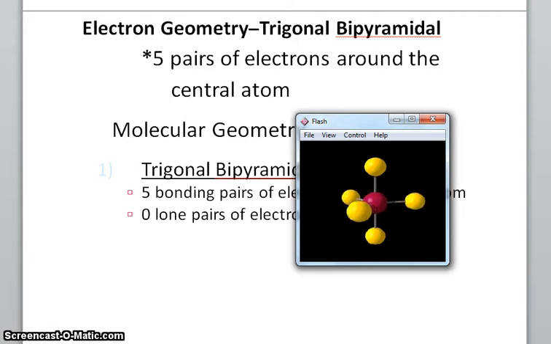If we look kind of along the middle, we've got 3 atoms, so there's our trigonal. And then there's kind of a pyramid on top and a pyramid on the bottom, so that's going to give us that bipyramidal part. So 5 bonding pairs of electrons and no lone pairs of electrons around a central atom will give us a molecular geometry called trigonal bipyramidal.